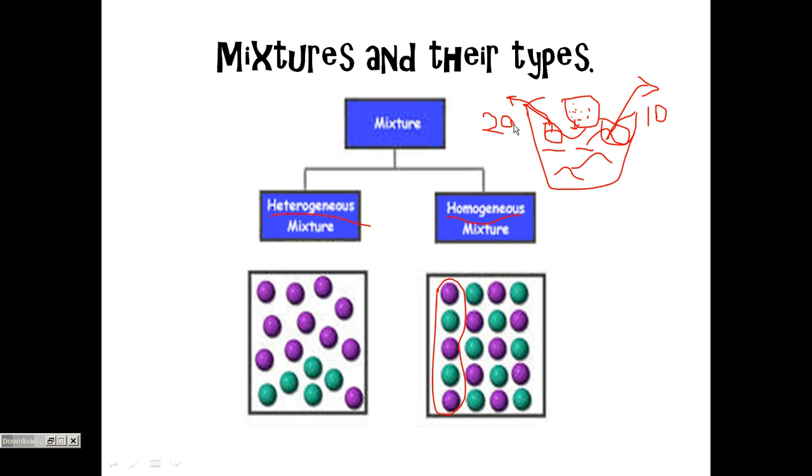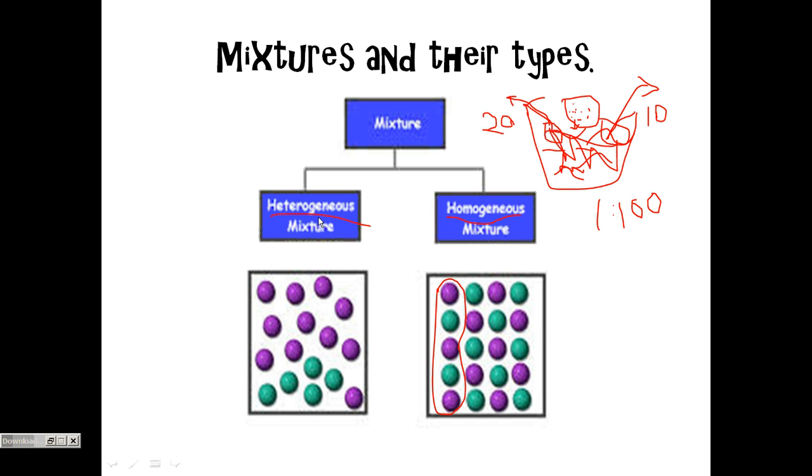So basically for every 100 water molecules there is a salt molecule, and this 1:100 ratio will remain constant throughout the mixture. If you take any part of this mixture and examine it, you will find that for every 100 molecules of water there is a single molecule of salt or NaCl. So these are homogeneous mixtures. I hope you get the idea. The other part is heterogeneous mixtures.